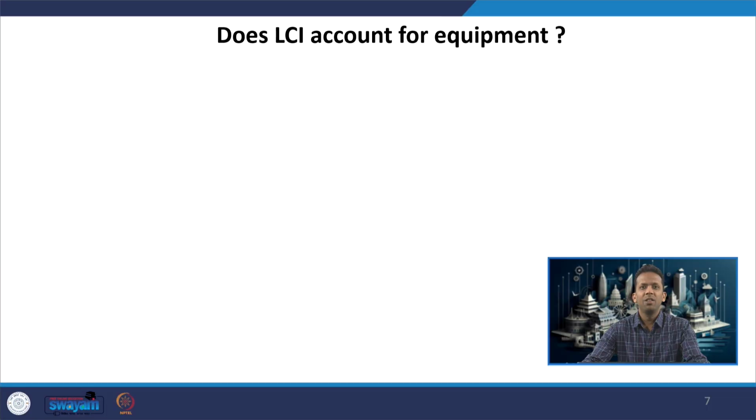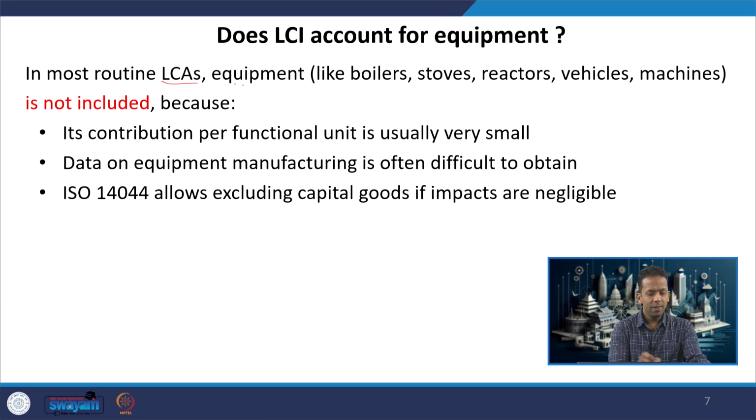So, the answer is both yes and no. We can account for equipment in certain cases, and in certain cases we do not need to account for equipment. In most routine LCAs, equipment like boilers, stoves, reactors, machines, which have a long life of 10, 20, 30 years, are not included because their contribution per functional unit is negligible, usually very small.